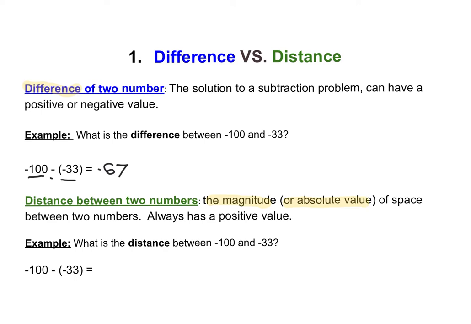And distance is always, always, always going to be a positive value. An example, using those same two values: the distance between negative 100 and negative 33 is the absolute value of negative 100 minus negative 33, so the absolute value of negative 67, which is positive 67.